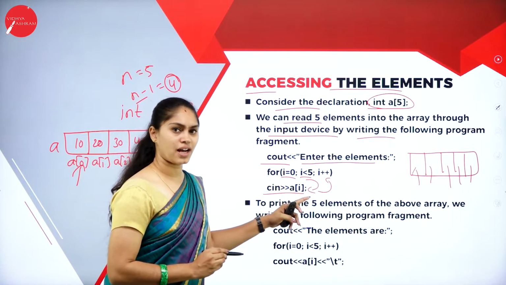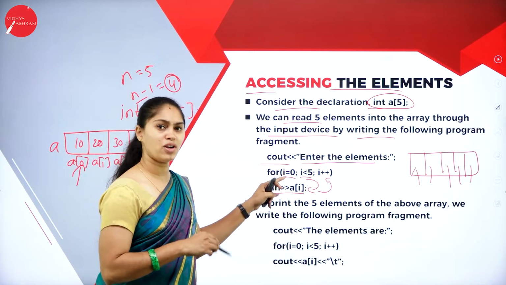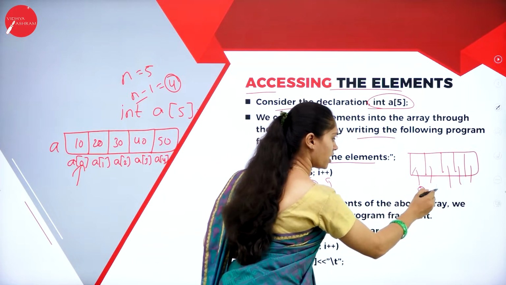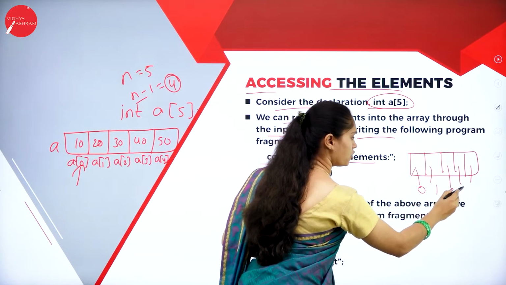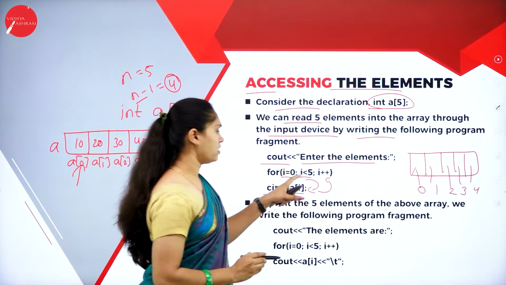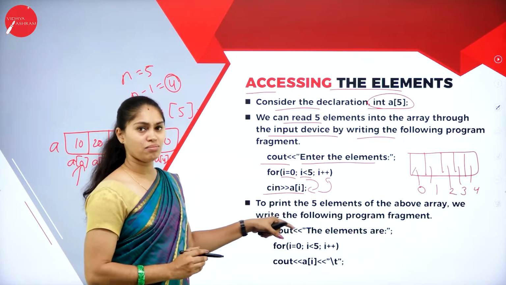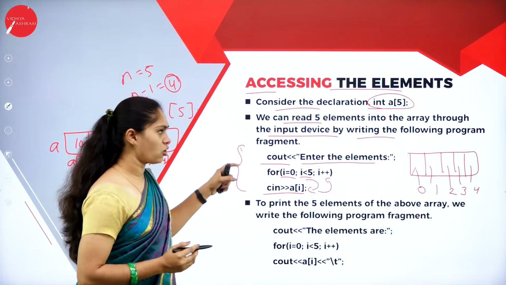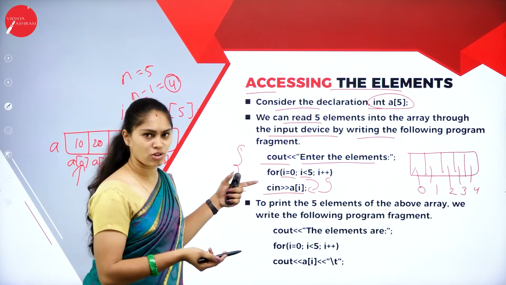Cin A of I. I is nothing but the number of iterations. When it is in location 0, location 1, location 2, 3, 4. When this condition becomes false, it will come out. So this is the code segment in order to read. And how are we going to display then?